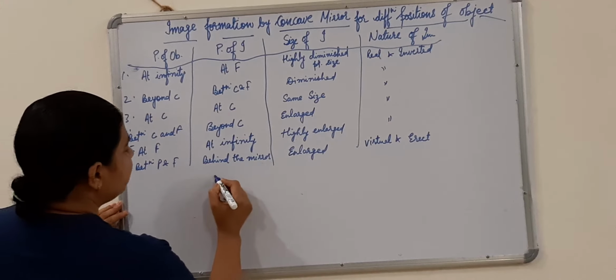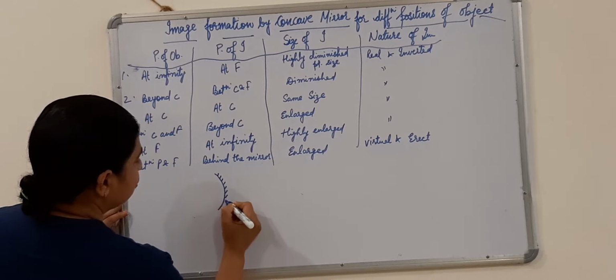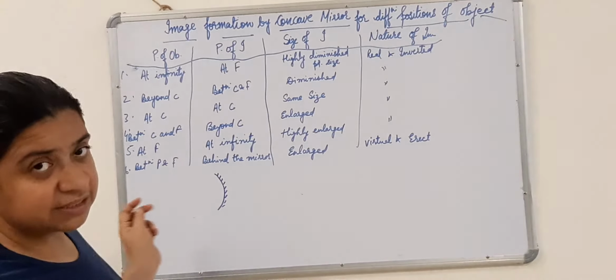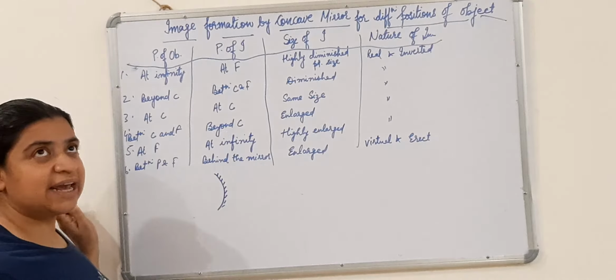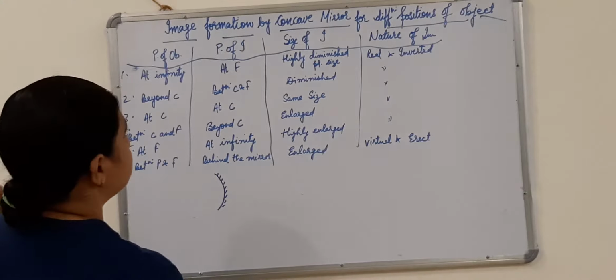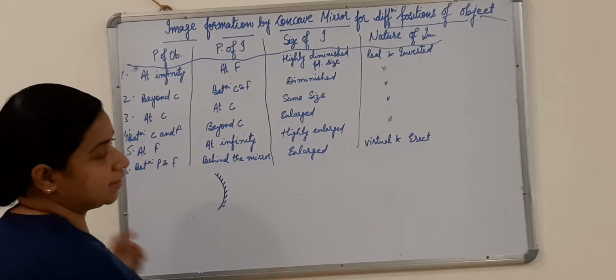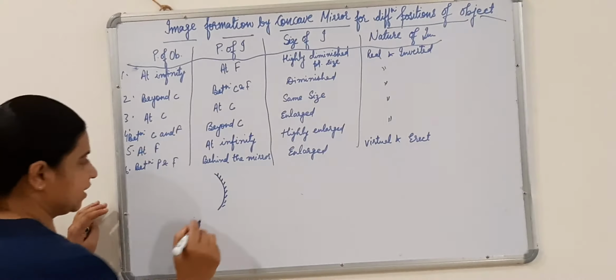Always take the object on your left hand side. First of all, keep this thing in your mind. When you draw the ray diagrams, always take the object at your left hand side.